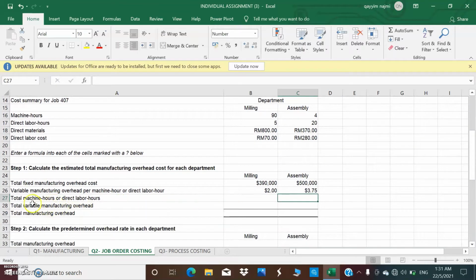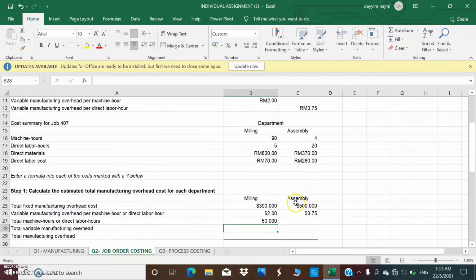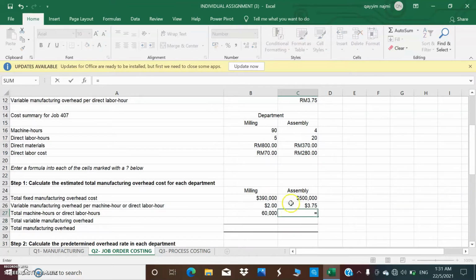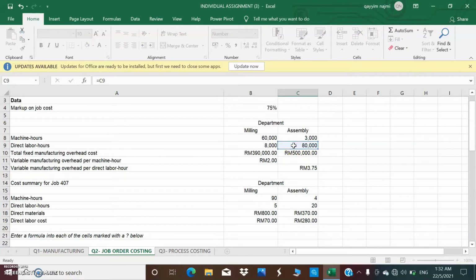The estimation for milling is 60,000 machine hours, and for assembly is 80,000 direct labor hours.